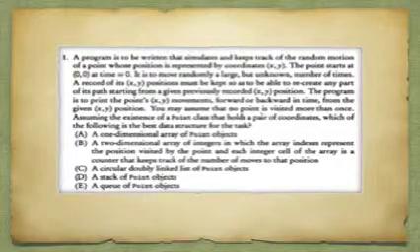Now let's take a look at B and C. B is a very careful design of the data structure. It fits the requirement of this problem. First, it has a two-dimensional array of integers, and the array indexes represent the positions, and each integer cell of the array is a counter that keeps track of the number of moves to that position.